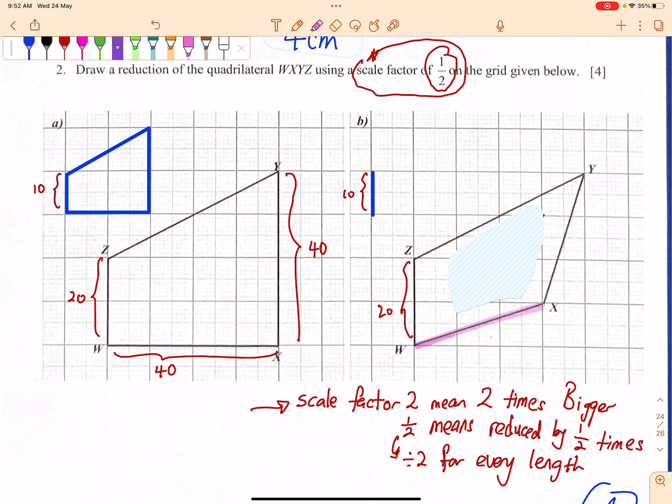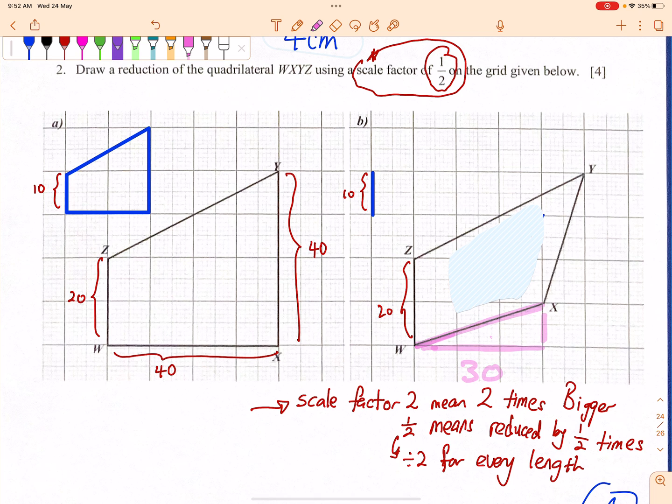WX itself, if I were to understand it, it is very difficult to divide by 2 since it's a slope line. But I could take the horizontal length and divide by 2. So my horizontal length is actually this length here, right? So I count this length altogether here there are 30 big squares. So if I divide by 2, that means I will need to have 15 squares.